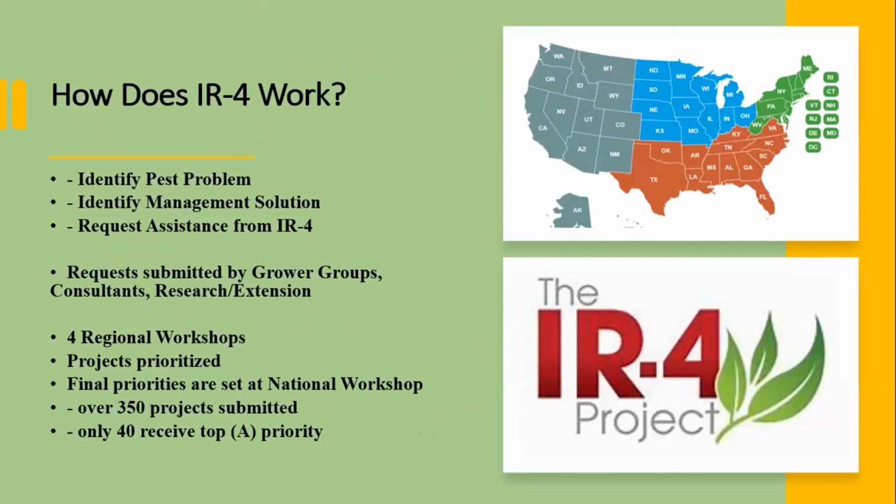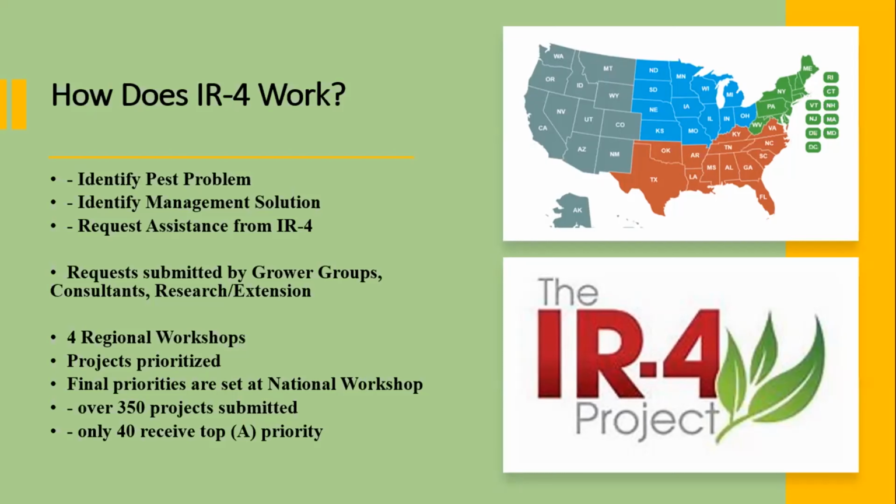How does it work? Well, first of all, you identify a pest problem, whether it's a weed or an insect or whatever you're having. Identify a management solution. Every time we've brought forth a project, we've had efficacy data, so we don't have to prove that the product works.